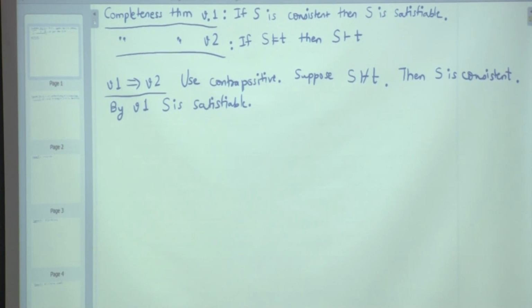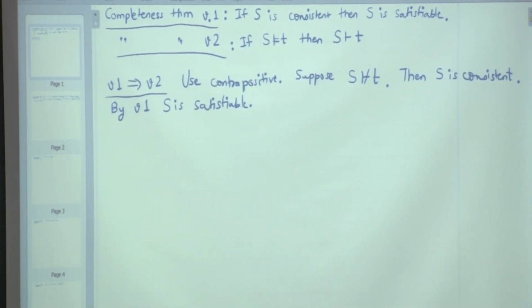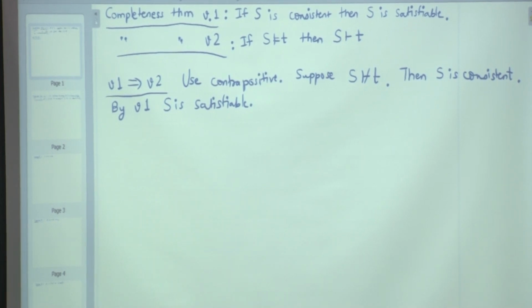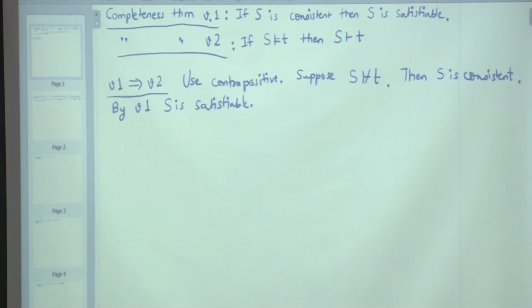Which valuation? S is satisfiable, so there is a valuation V which models S. See, on our way to this line, we lost touch with T.